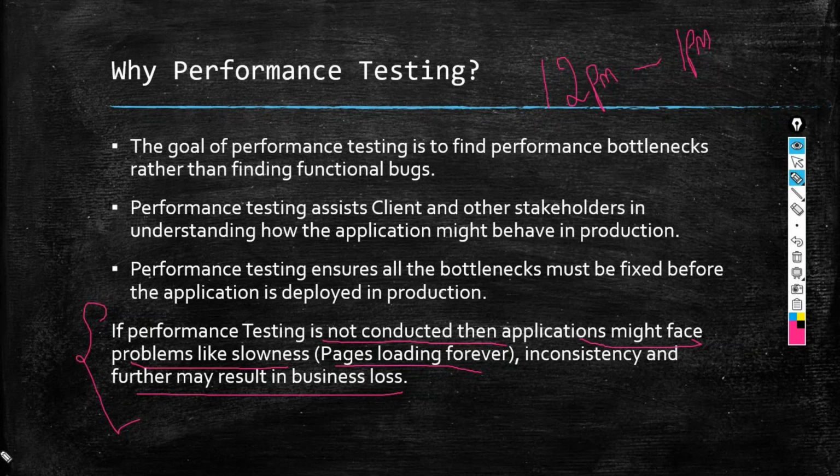They didn't conduct the performance testing properly. Let's say they expected 1 lakh users, but on that day 10 lakh users accessed the application. The load was 10 times more than expected, which can result in an application crash, and then business loss.